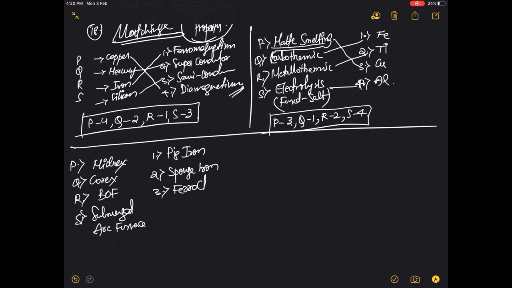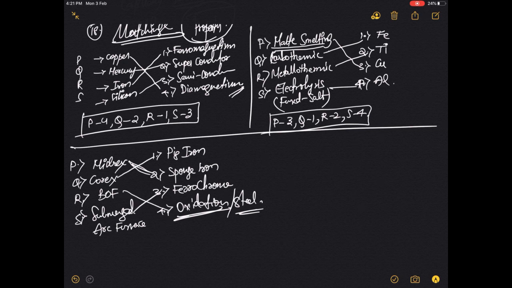Ferrochrome, which is a ferroalloy, and the other is simple oxidation. I think this option could also be steel. So Midrex is used to produce sponge iron or DRI. Corex is used to produce pig iron. BOF is for steel. And submerged arc furnace is producing ferrochrome. So P2, Q1, R4 and S3.